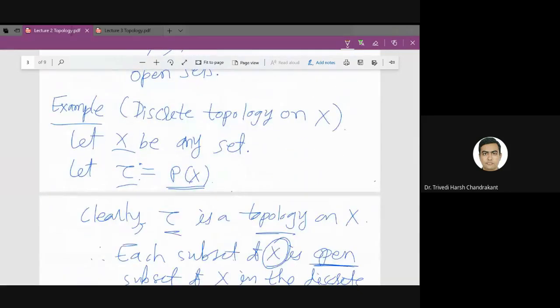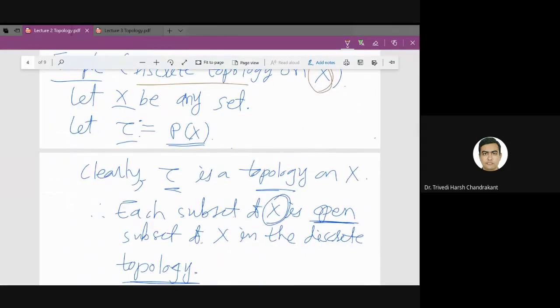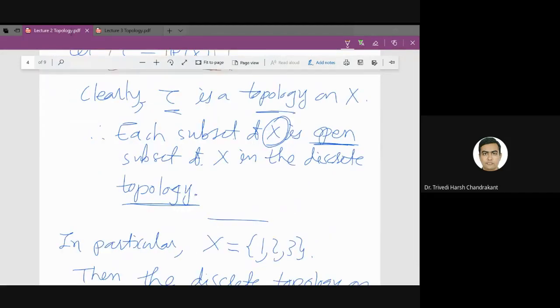On the other hand, we have a discrete topology on a given set X. That topology is nothing but the full collection, the power set of X. We know that tau is always a subset of power set of X. But in this example of discrete topology, we are considering tau to be exactly power set of X. So for every topology tau on X, we always get that phi, X is contained in tau, which is contained in power set of X. This is satisfied.